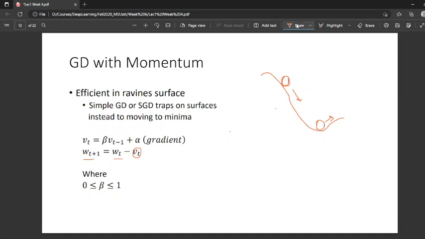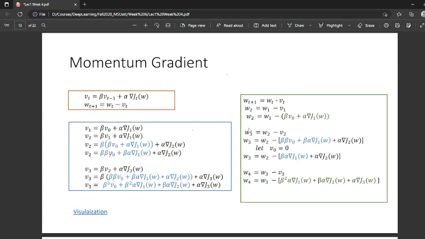This is further elaborated here. So if we look at how to calculate this Vt, remember that this Vt actually calculates momentum for this weight update expression.